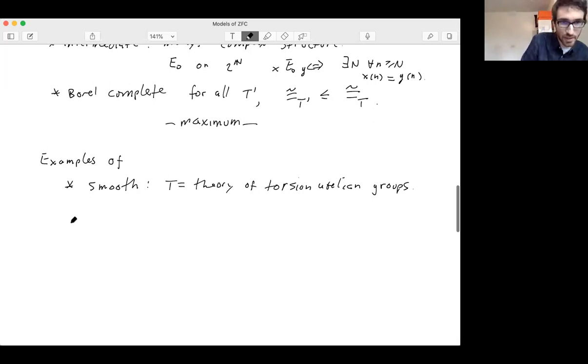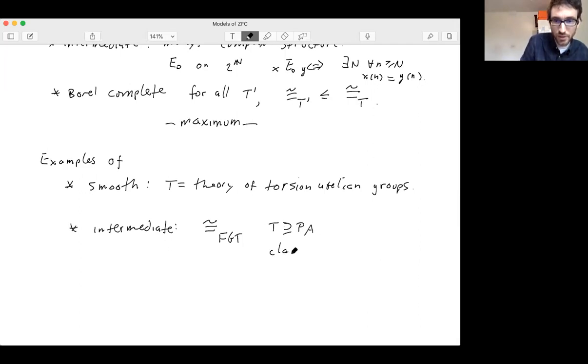Examples of intermediate. Let's see, the isomorphism of finitely generated models of T, so T containing PA.